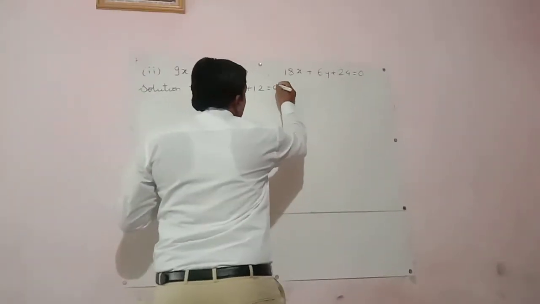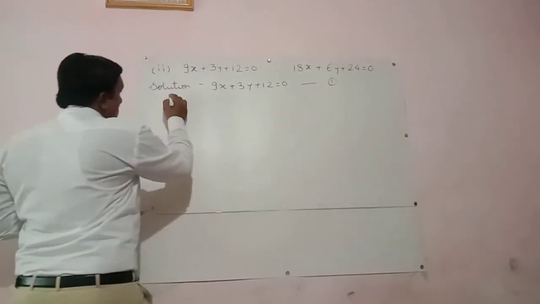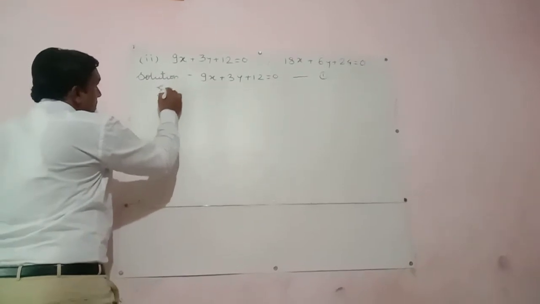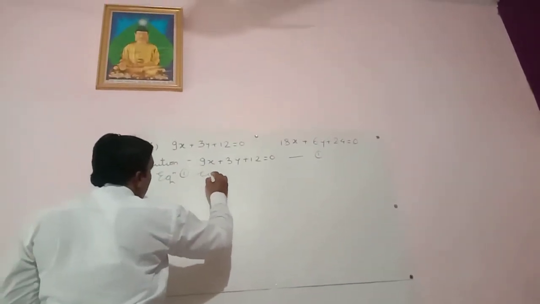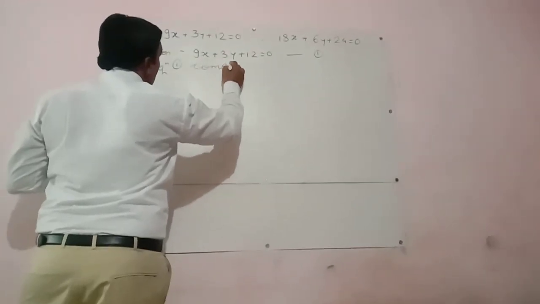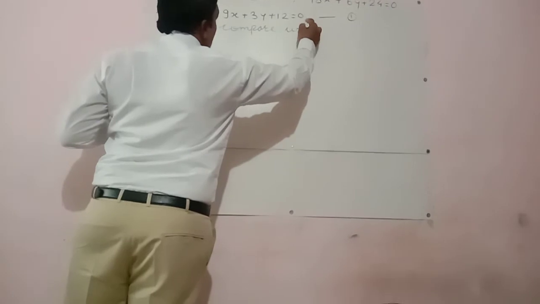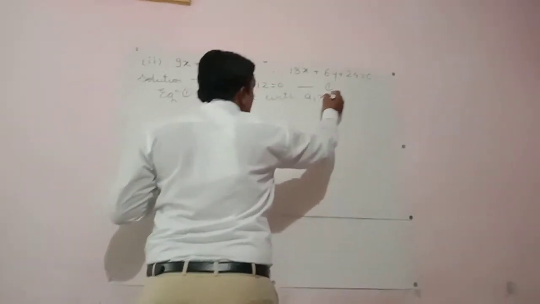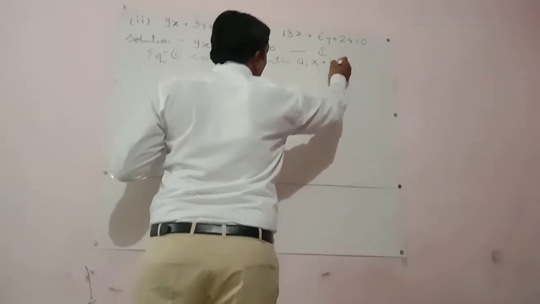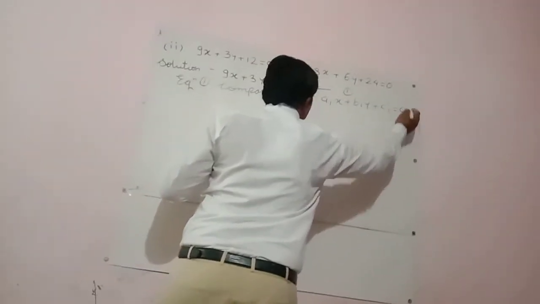So here we have equation number 1. Compare it with the equation a1x plus b1y plus c1 equal to 0.